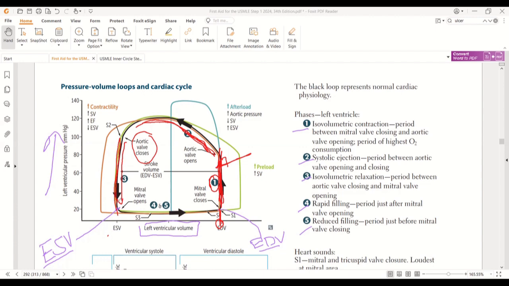And at the beginning of the isovolumetric relaxation, what important event takes place? Aortic valve closure. And aortic valve closure means S2, right? Yes. Okay.